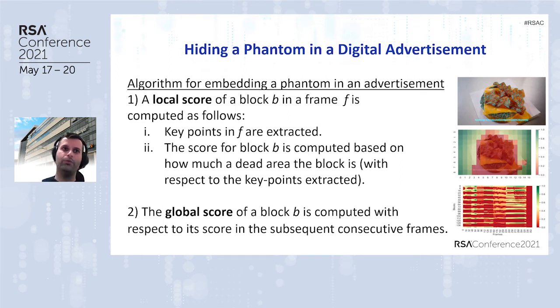We also compute a global score for each and every block. The global score is computed with respect to the score of the block in the subsequent consecutive frames. This is done in order to take the time domain into account, because in some cases, a phantom needs to be embedded in a few consecutive frames in order to meet the appearance threshold that is defined in the advanced driving assistance systems.